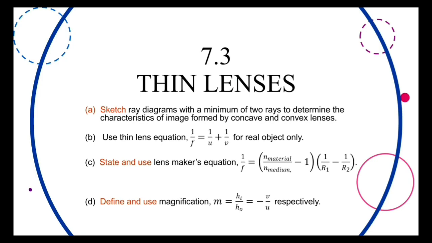C. State and use the lens maker's equation, 1/f = (refractive index of material divided by refractive index of medium minus 1) times (1/R1 minus 1/R2). And D. Define and use magnification, M = hi/ho = -v/u, respectively.